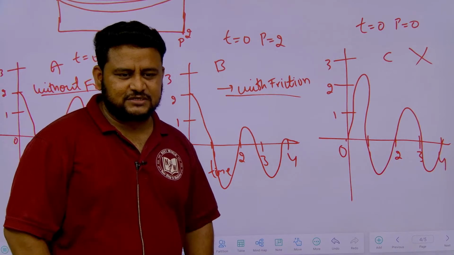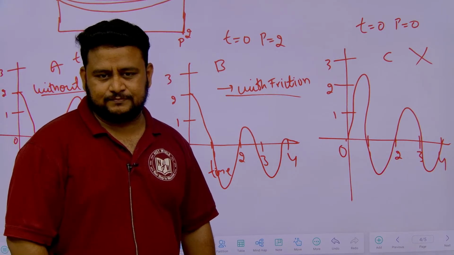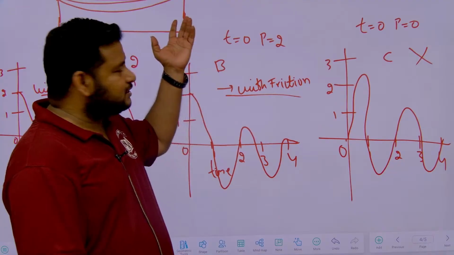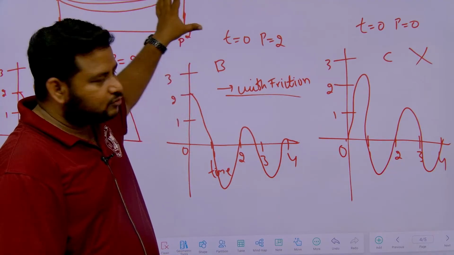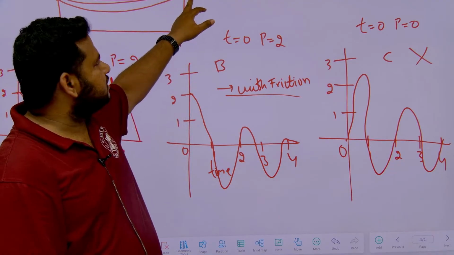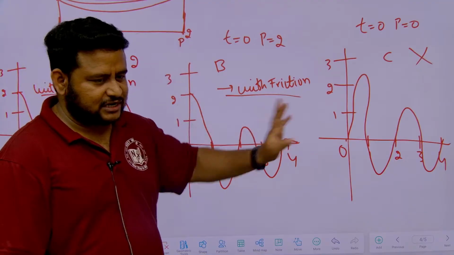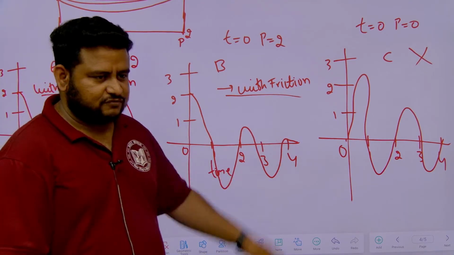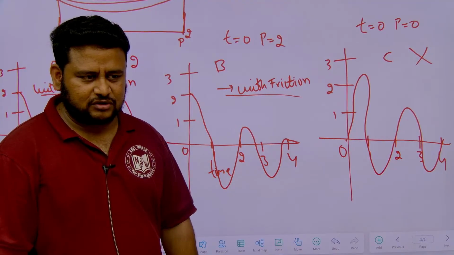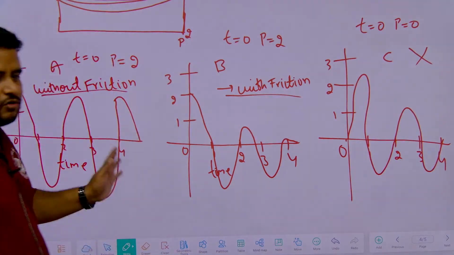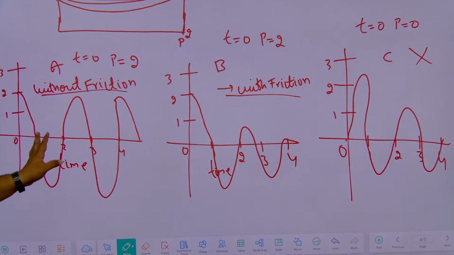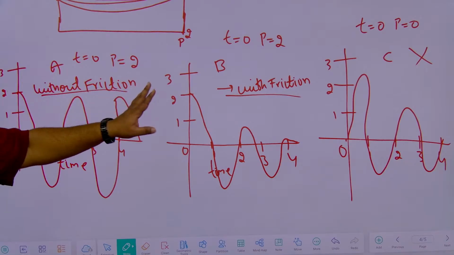Once you identify some wrong graphs, it is easier to solve the question. That's why conceptually you should be sound. For that you have to look at the figure carefully. So you should eliminate this. Whenever friction is there, we definitely have to come back to rest. But if friction is not there, it will go on. So this is a graph without friction, that is with friction.